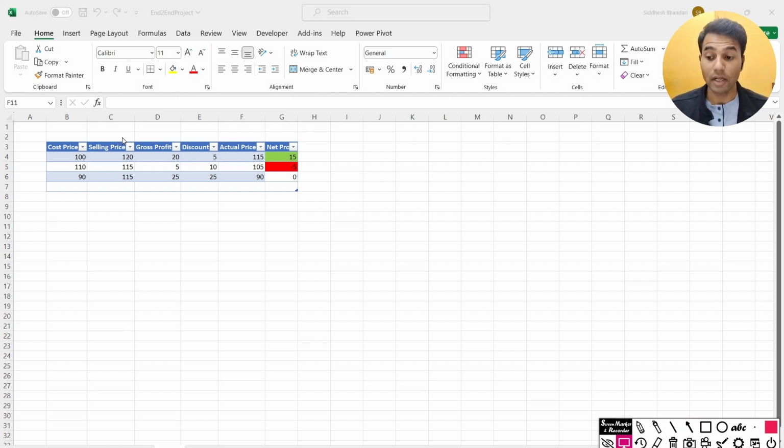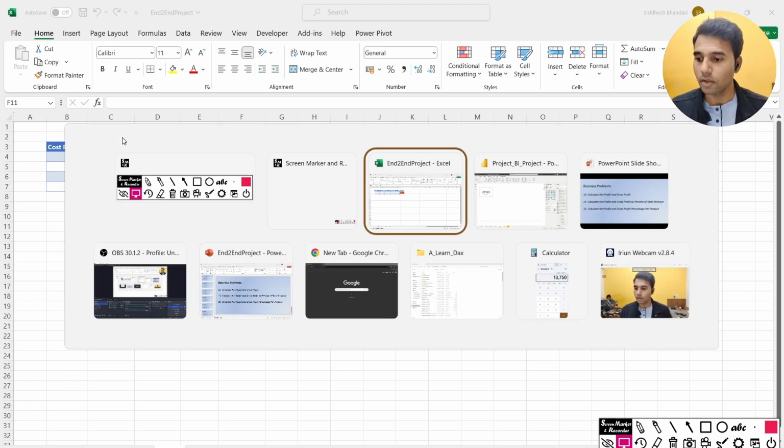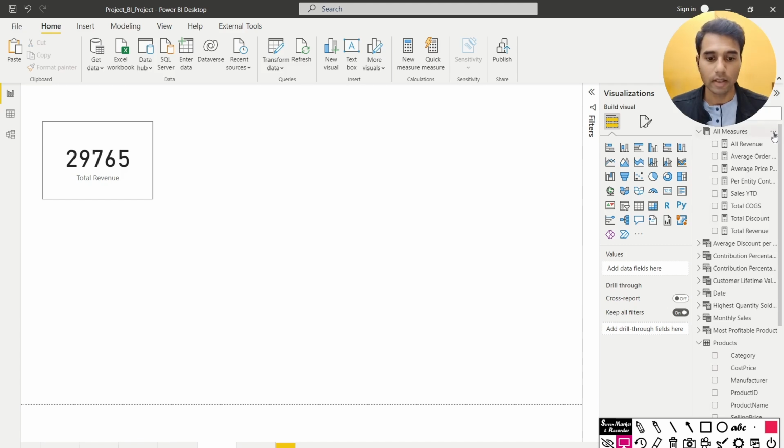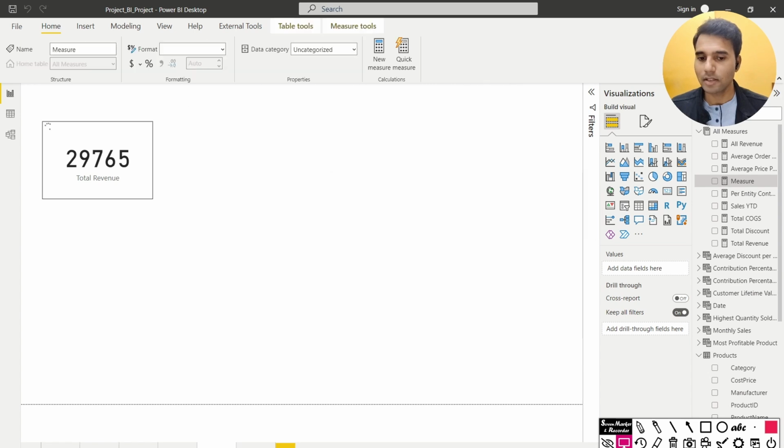For that, I will have to aggregate the selling price that I just calculated, which is the unit price times the quantity. So I go back to Power BI and I'll simply create a new measure.